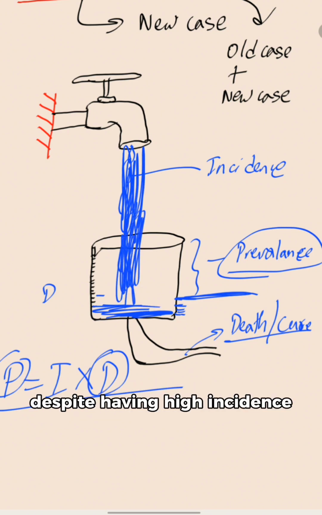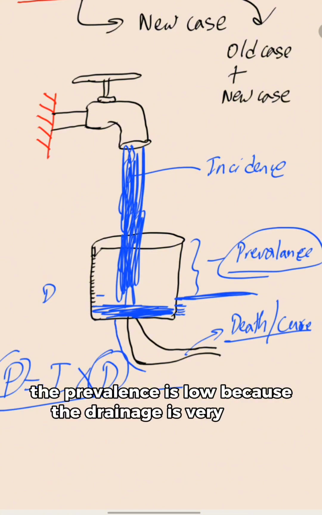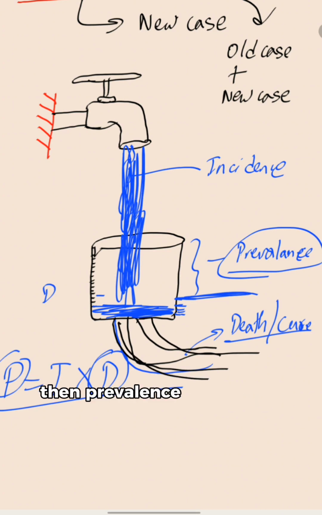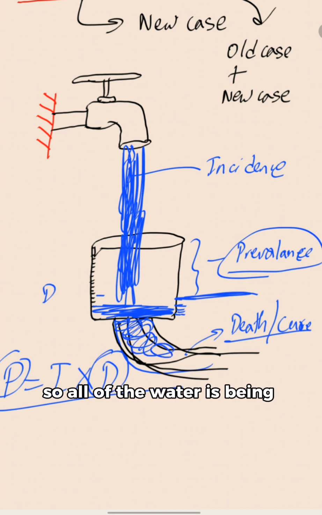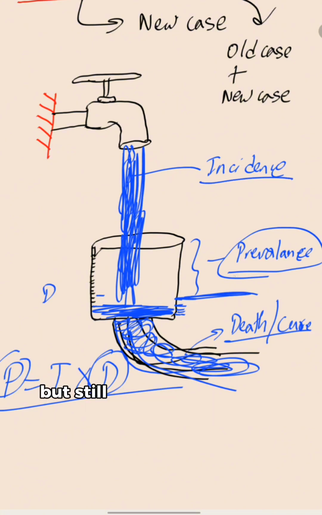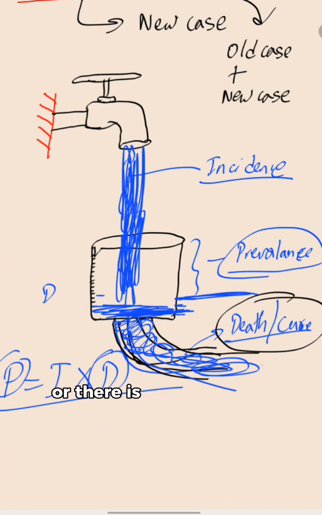Despite having high incidence, why is the prevalence low? The prevalence is low because the drainage is very huge, right? If the drainage is very big, then prevalence is going to be low, right? So all of the water is being drained outside from this pipe. So incidence is more, but still if the prevalence is very less, then that means there is increased number of death or there is high cure of a disease, right?